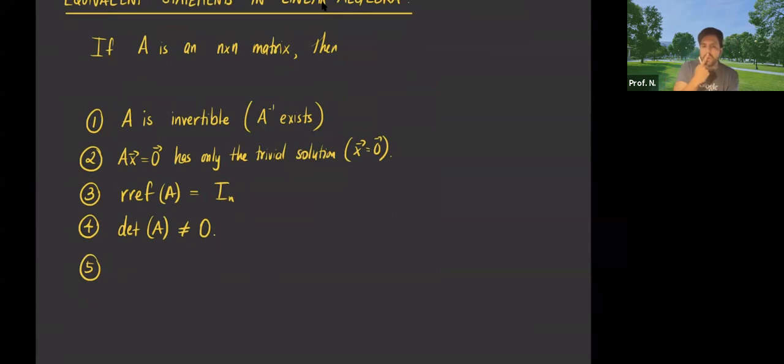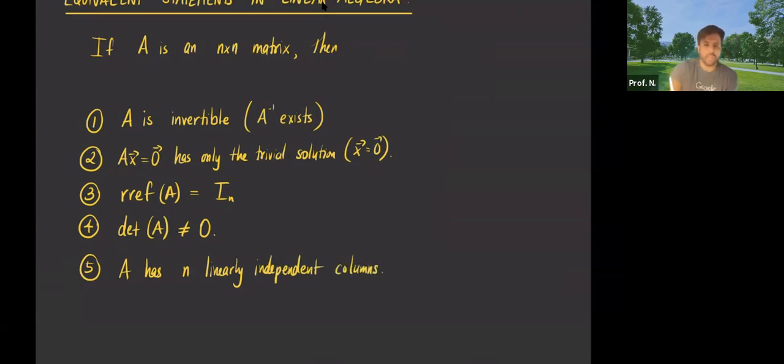Okay. So if the row reduced echelon form of an invertible matrix is the identity, how many column vectors are linearly independent? Well, this is an n by n, right? So do you see how it's equivalent? To say the row reduced echelon form of A is identity means that A has n linearly independent columns.